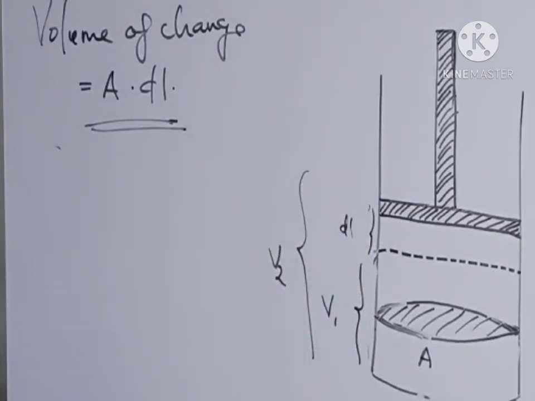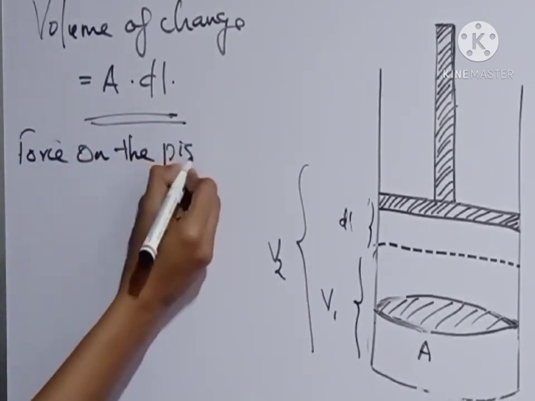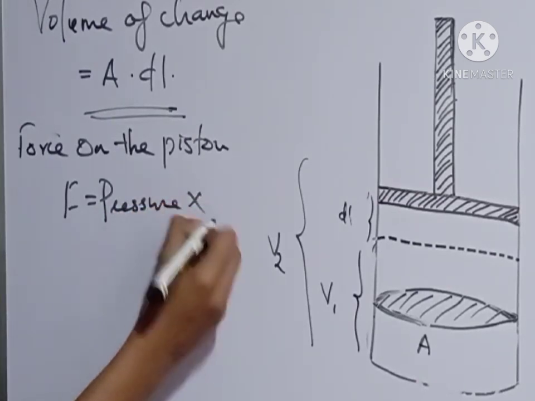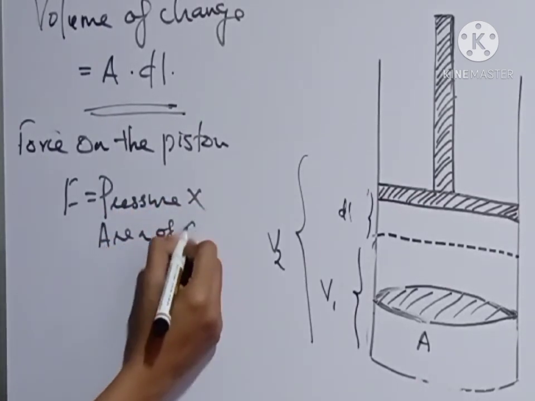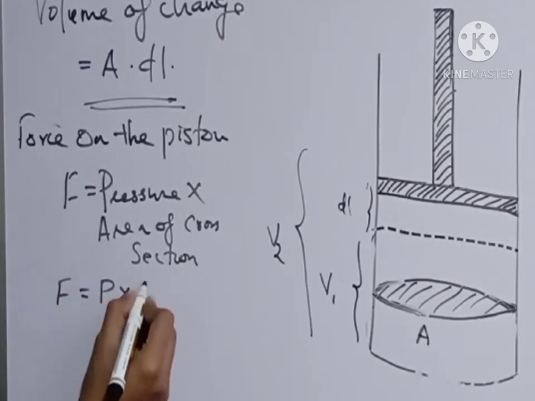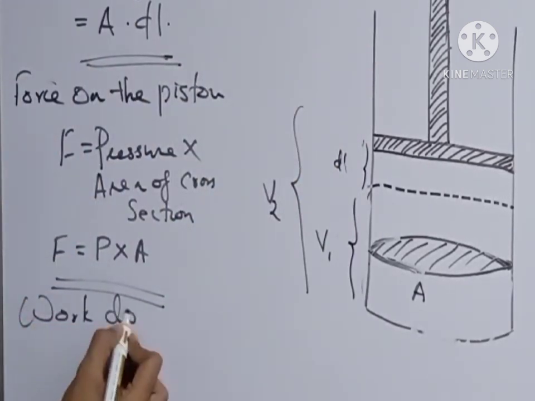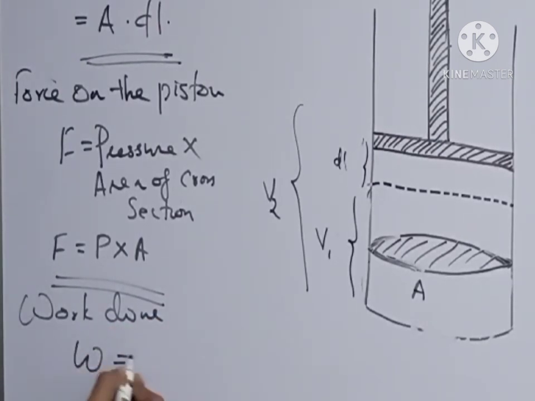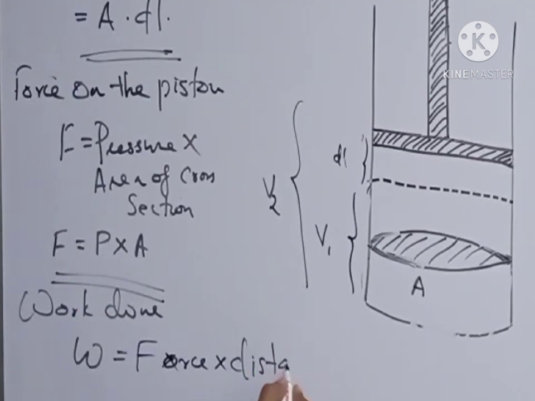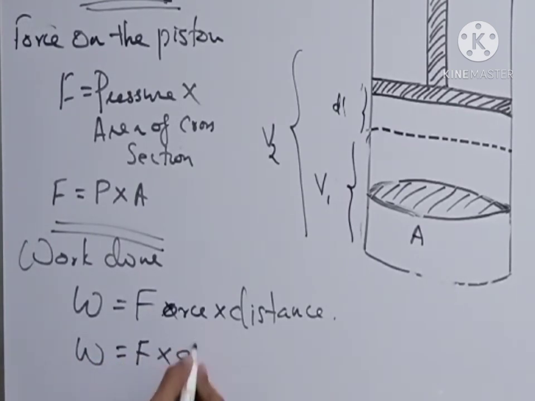If we find the force on this piston, F equals pressure into the area of cross section, that is F equals P into A. And the work done on this piston, W equals force into distance traveled by this piston, that is W equals F into dl.